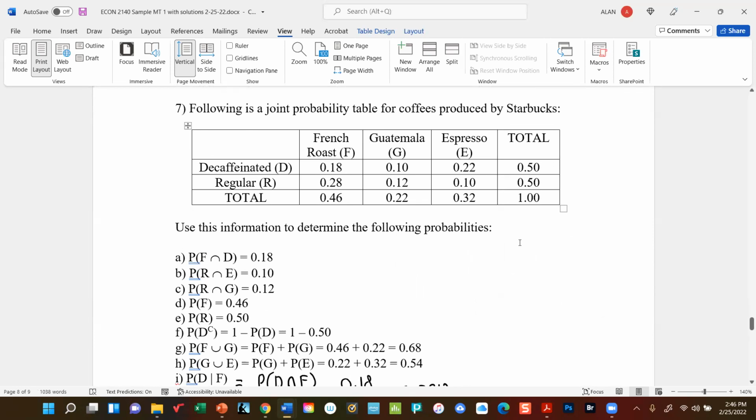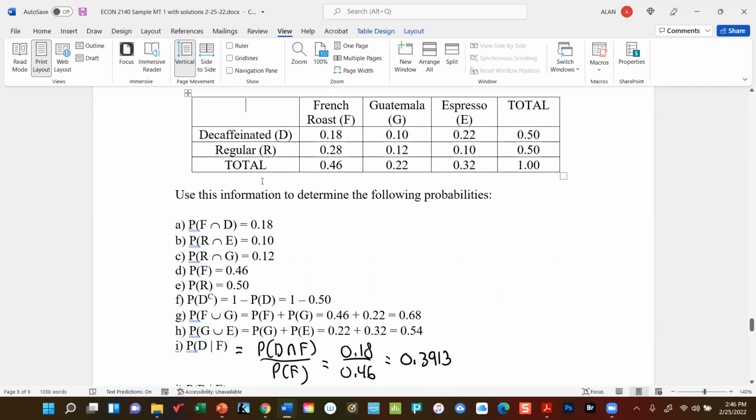Most of these probabilities we can read right off the table. F, for example, part A, F and D. That is French decaf, right there, 0.18. Similarly, R and E is regular espresso, 0.10. Then for part C, R and G, regular Guatemala is 0.12.